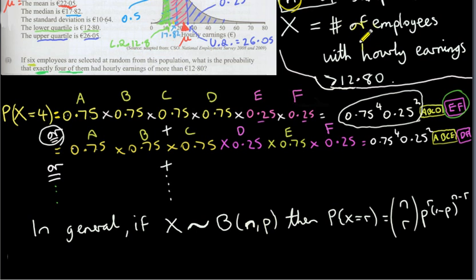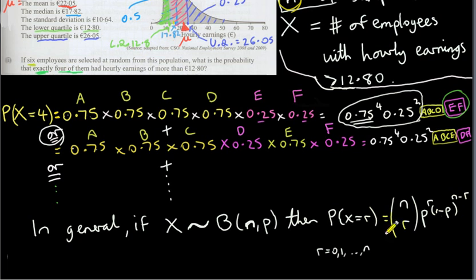In this case, p is the probability that an employee has earnings greater than 12.8, which we saw was 0.75. 0.75 is p in our example. Then the probability that X equals r, where r is some number running from 0 up to n, n in our example was 6, and we calculated the probability that X equals 4, so r was 4 for our particular example, is given by nCr p to the r times (1 minus p) to the power of n minus r.